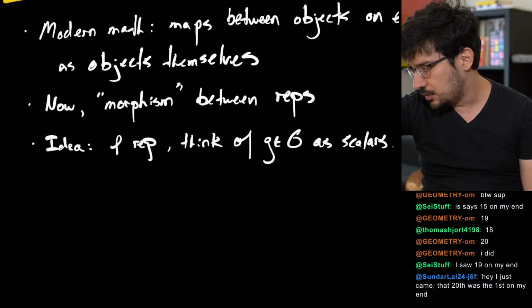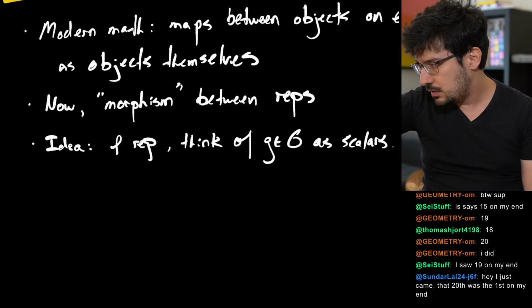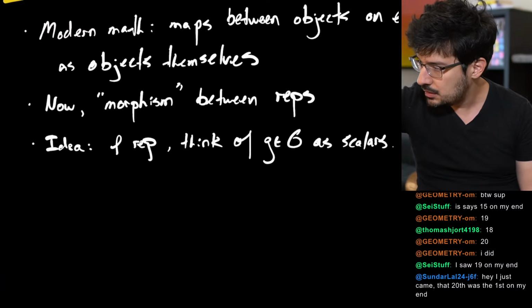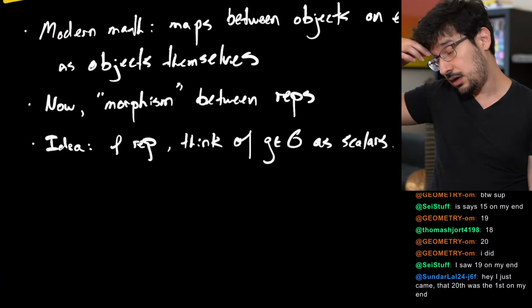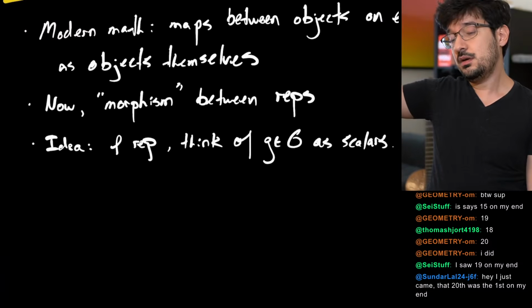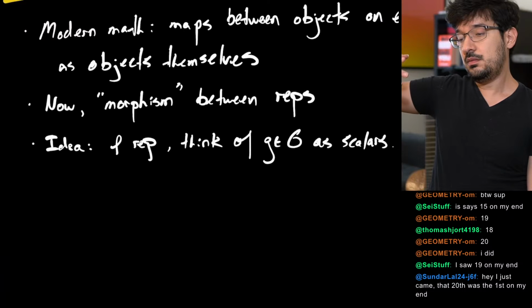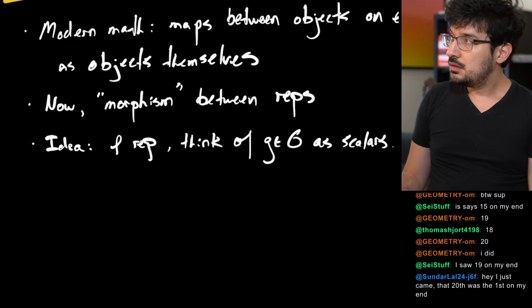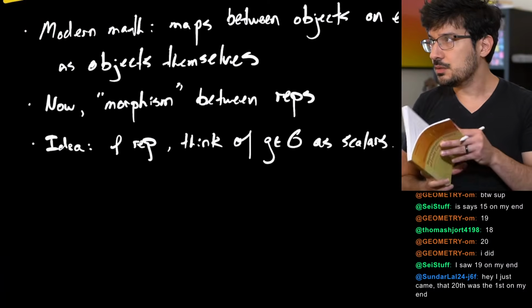Yeah, for any group elements, phi g times phi h equals phi gh. So you can think of the dependency of the image of phi on a group element.